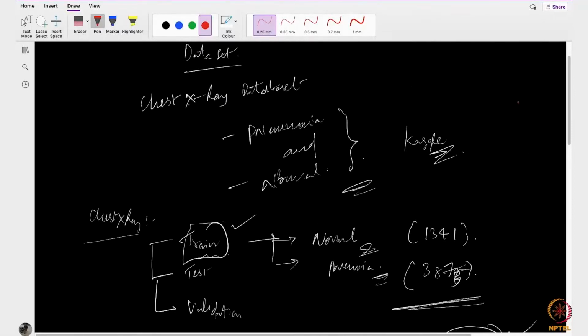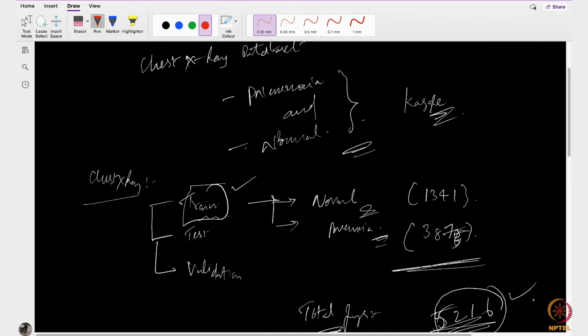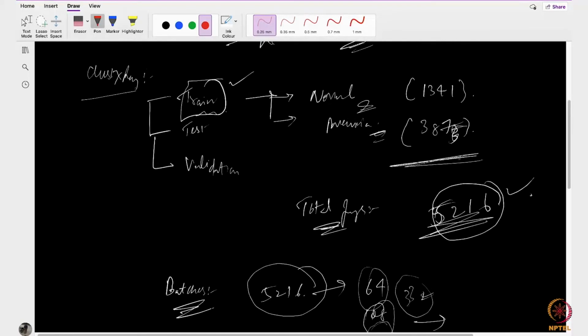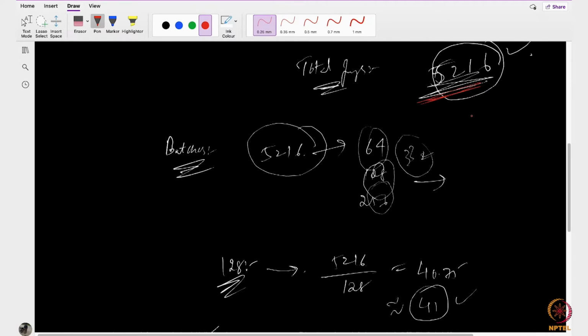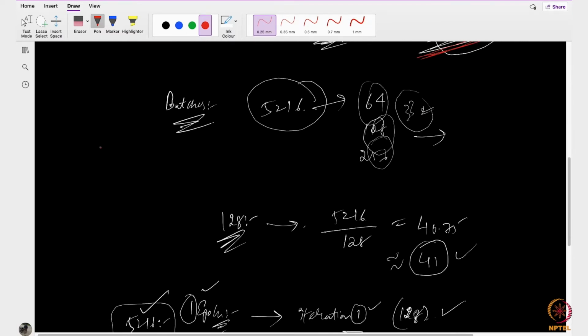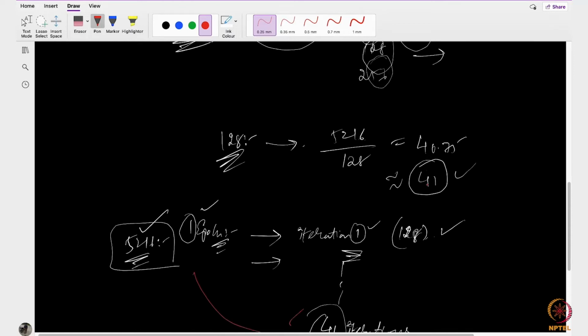In summary, the X-ray data has been downloaded from Kaggle, and we have two classes, pneumonia and normal. Normal has 1341 images, and pneumonia has around 3875, so in total 5216 images. While feeding the data to a deep learning model, we divide the data into several batches.